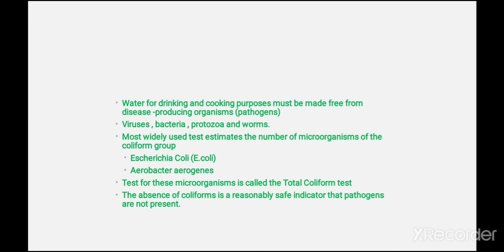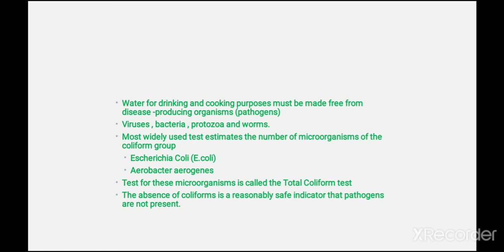Now we are moving on to the biological characteristics of water. Again, what do you mean by biological characteristics? Biological characteristics of water refer to the variety of living organisms that can be found in water. What all can be the living organisms present in water?